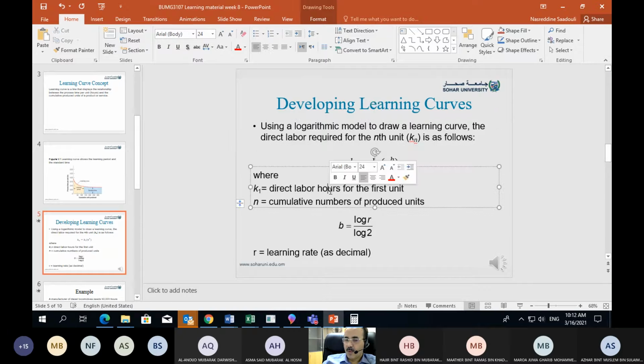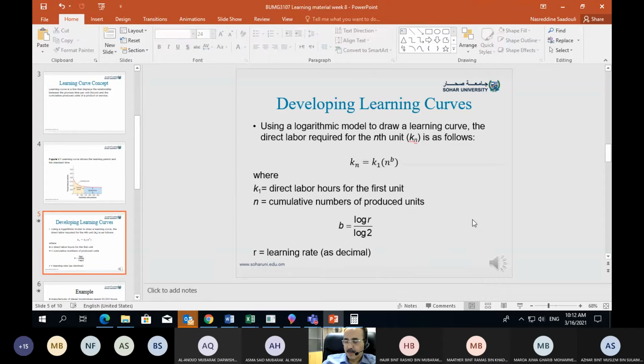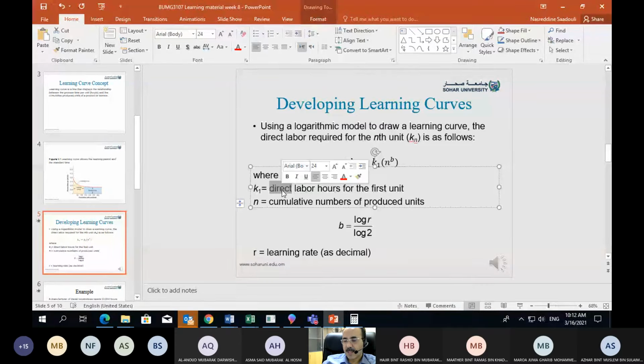K1 is the time for the first unit. How do we get this? By observation. The first unit that was produced, manufactured, or assembled, we calculate the direct labor hours, the amount of time that the employees actually put into the making of the product or the service.